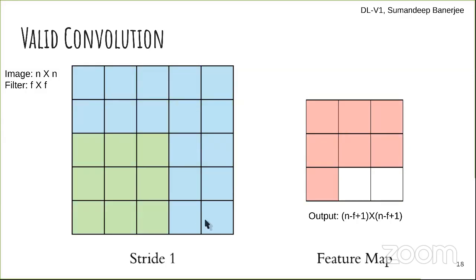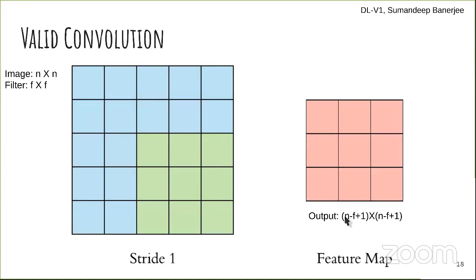So let's say the input image is 5 by 5, and the filter is a 3 by 3 filter. We are applying this filter on all possible locations within this image, and we find that there are only 9 unique positions where we can apply this filter. So the input is a 5 by 5 image, and the output is a 3 by 3 image.